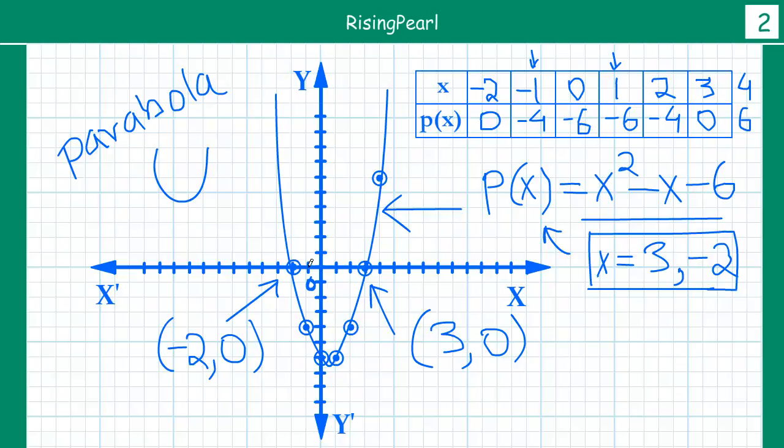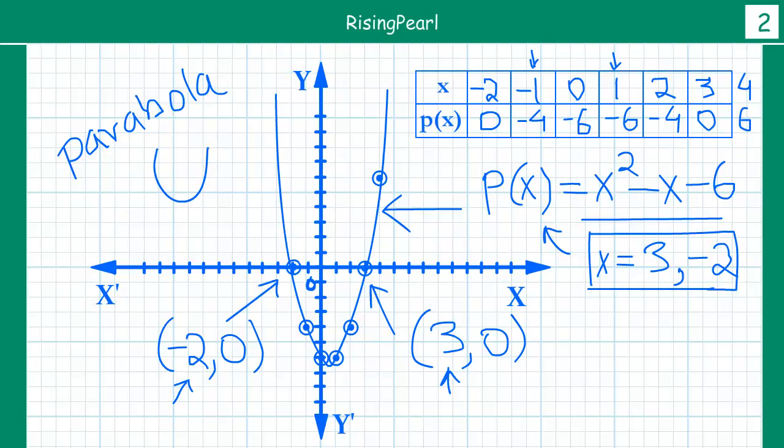And if you look at this graph, you will see that this is precisely where the graph cuts the x-axis. Look at the x coordinate of the point where the graph is cutting the x-axis: minus 2. This is the same minus 2 that you have. Similarly on this side, the point where the graph cuts the x-axis is (3, 0). So 3 is the x coordinate, and this is 3.